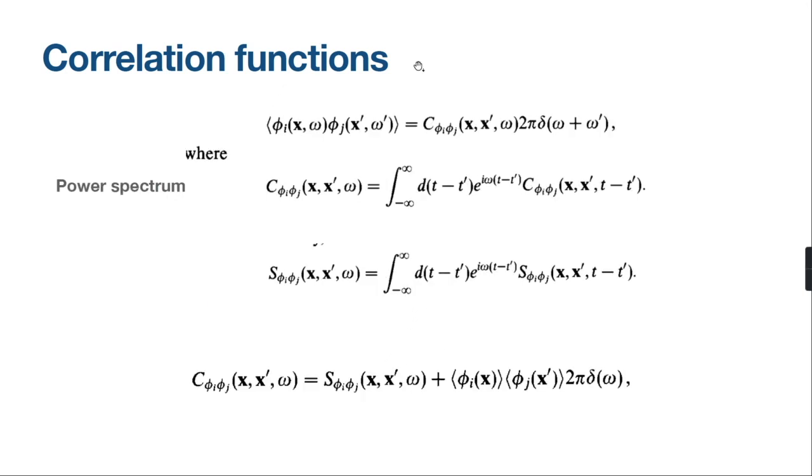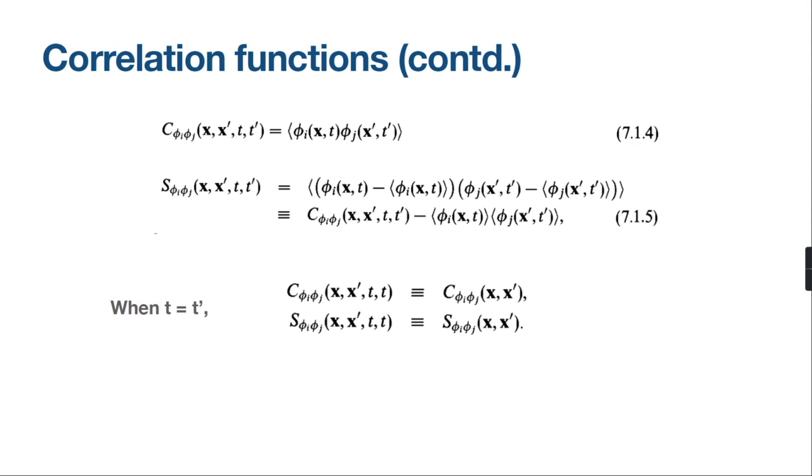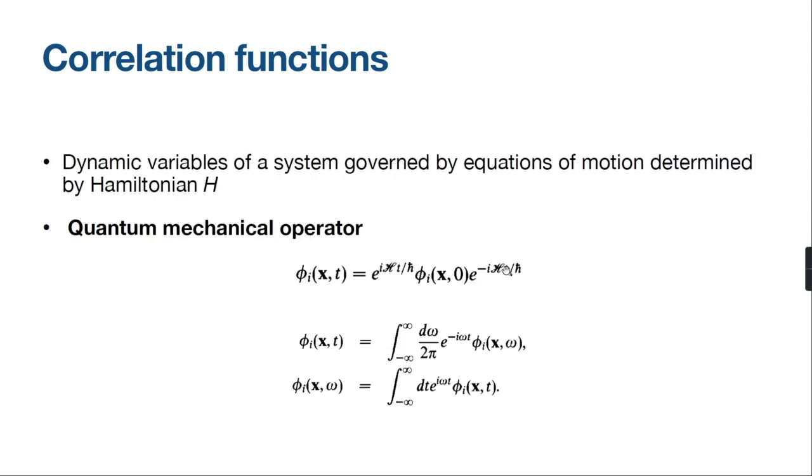We substitute the previous results, and by performing the Fourier transform on the C function, we get this, which is called the power spectrum, and similarly for S as well. One assumption we have made here previously is that this Hamiltonian is time independent.